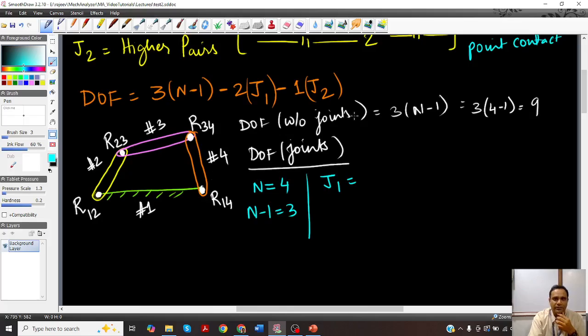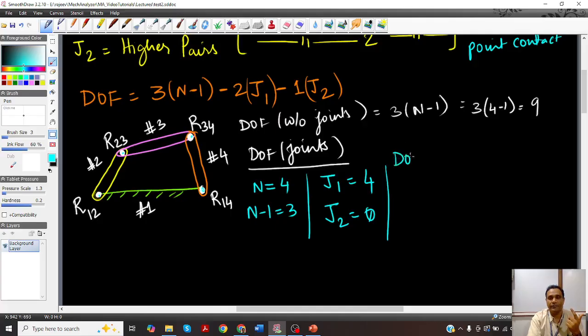J1, the number of pairs or joints which allow one relative degree of freedom, or the number of lower pairs. We have 1, 2, 3 and 4. Okay, so J1 will be the number of lower pairs. In this case, since all are revolute joints, there is no surface contact, sorry, there is no line contact, point contact or higher pair. So I'll write J2 as 0.